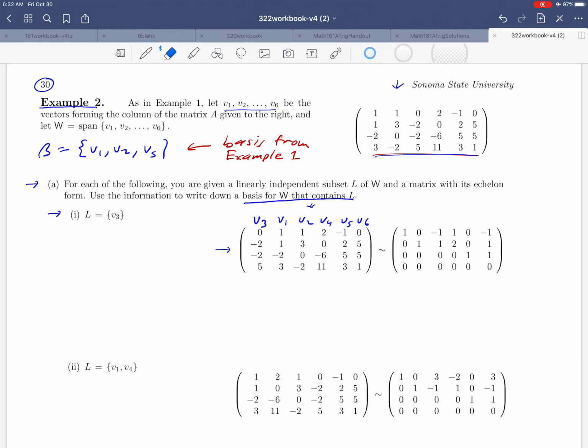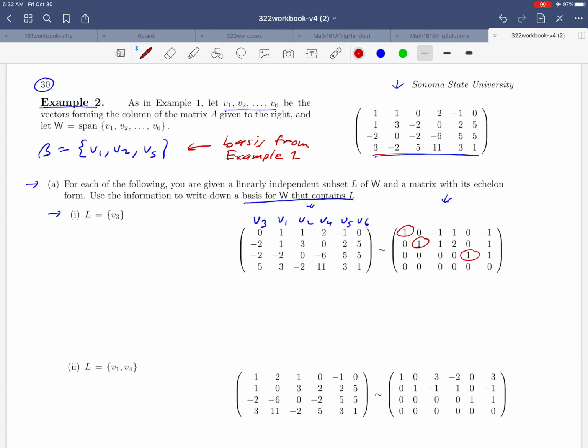So we can follow the same process that we did in example 1, do row operations on this matrix, and we come up with the matrix over here to the right. And again, it's all about where those pivot positions land. If we circle the first non-zero entry in each row, those are the positions that we get.